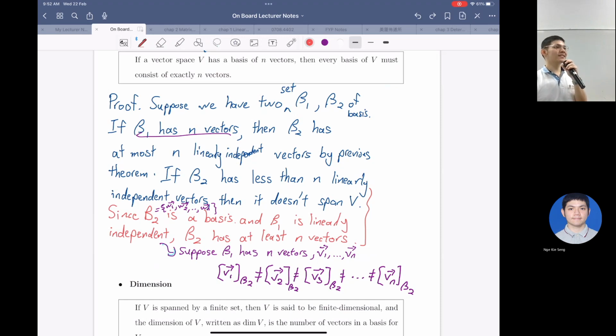Otherwise, you cannot achieve this if you don't have n vectors, because we reduce the question to Rn again.